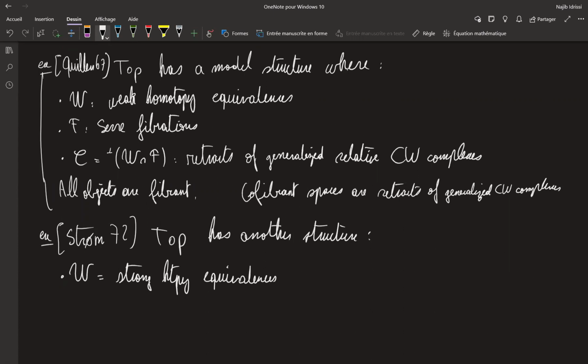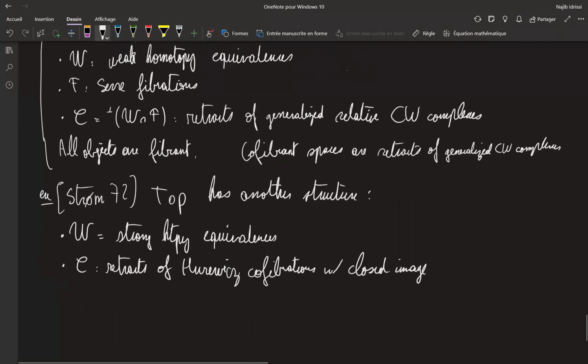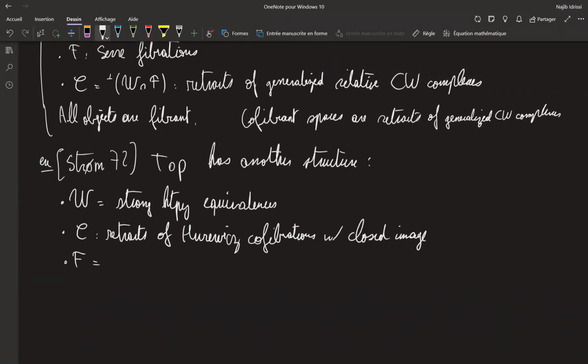But anyway, you take cofibrations to be retracts of Hurewicz cofibrations with closed image, so a bit technical conditions, and fibrations are Hurewicz fibrations. Right?